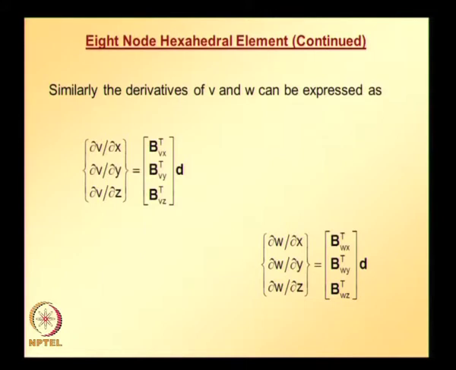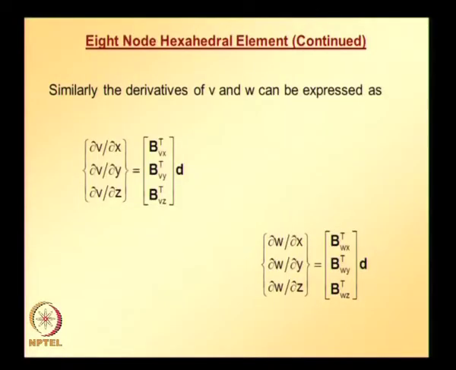So, these two equations give derivatives of v with respect to x, y, z, and w with respect to x, y, z, which is compactly written in terms of bvx, bvy, bvz, bwx, bwy, bwz.